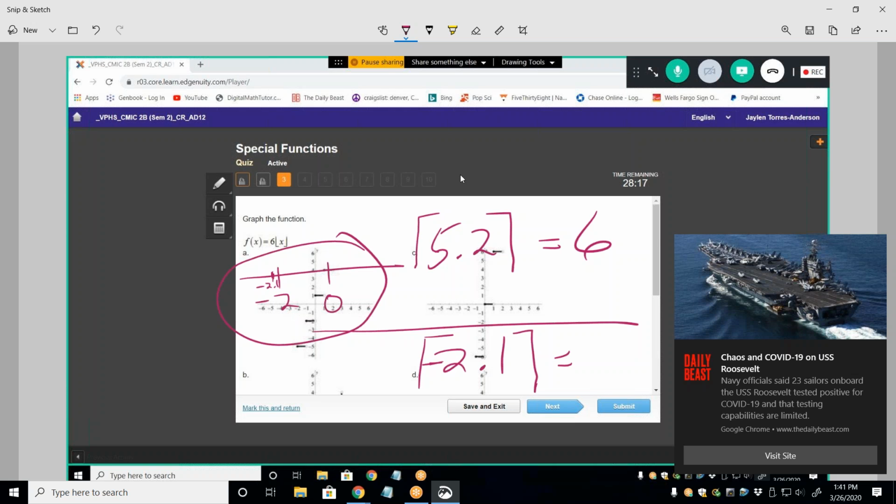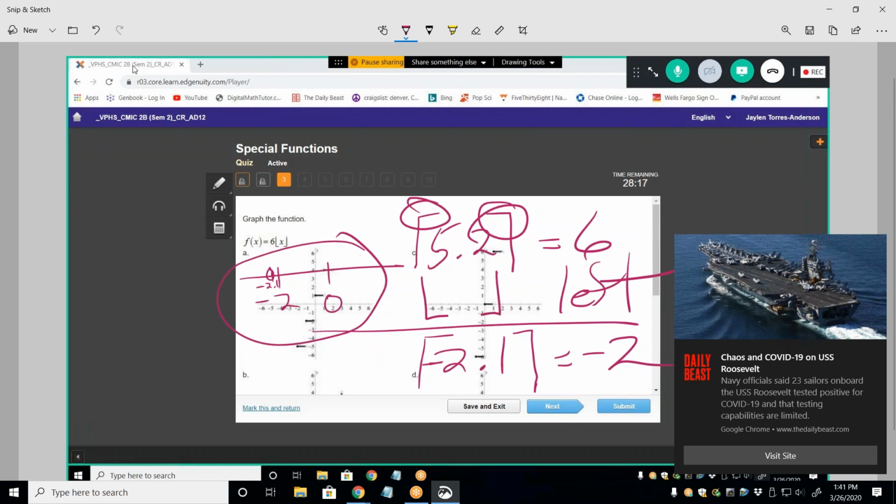Start where you're at, right there. Go to the right until you hit an integer. Yeah. And that's how it works. When you have the caps, you go to the right. When you have the feet, you go to the left. So whatever you have to do to memorize that, memorize that. Okay?